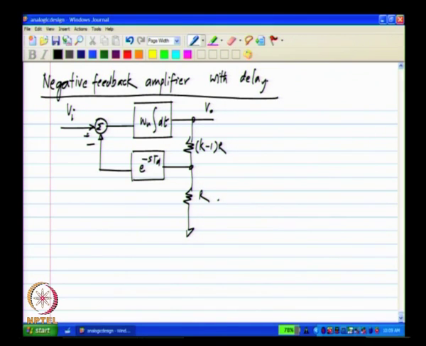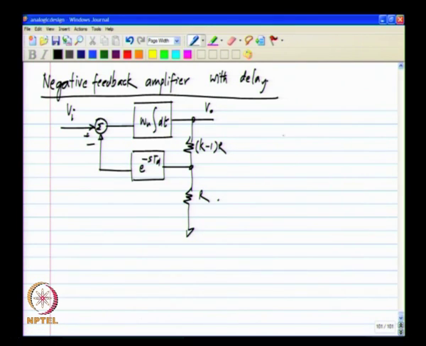While quantifying the amount of negative feedback, we have computed the loop gain, and the loop gain of this particular system without the delay is omega u by k divided by s, which can be defined to be omega u loop divided by s. Here omega u loop is the unity loop gain frequency and it is given by omega u by k, where omega u is the unity gain frequency of the integrator used to realize the negative feedback system.